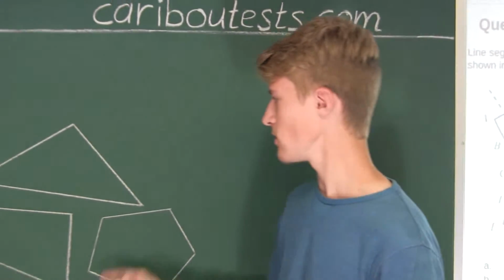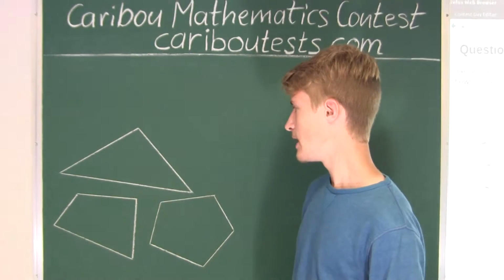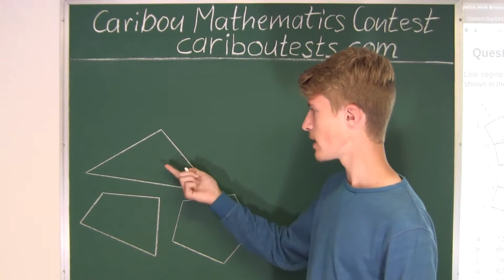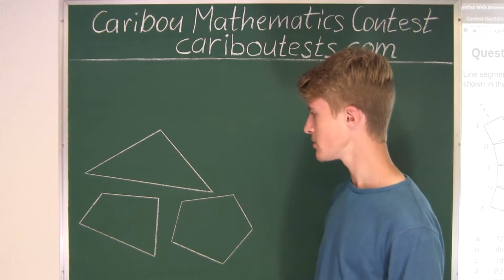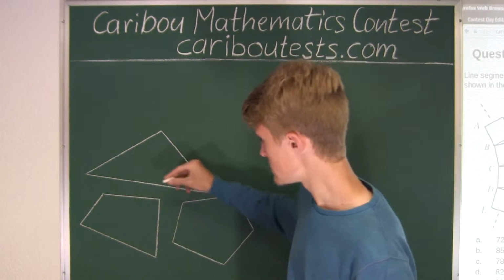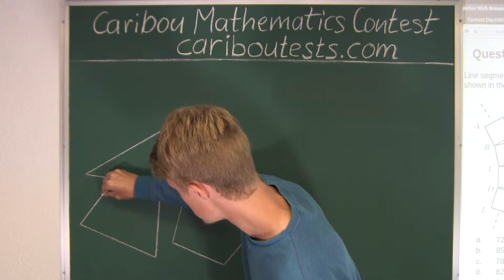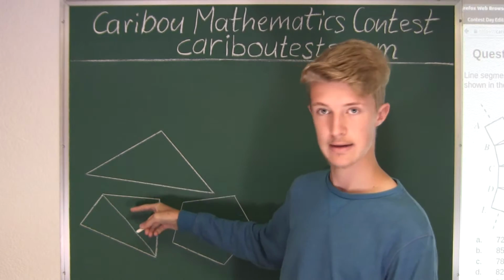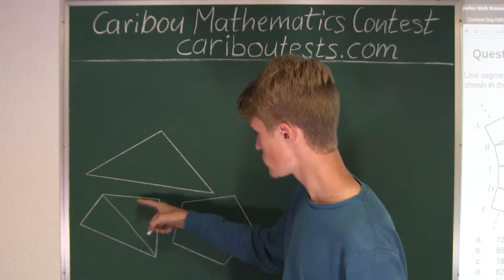Alright, now let's look at the board. Of course, we know that the sum of interior angles in a triangle is 180 degrees. If we look at this quadrilateral, we can draw a diagonal, and after drawing that diagonal, there are two triangles.